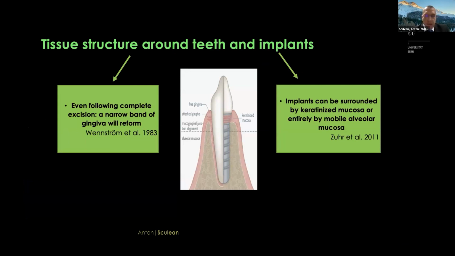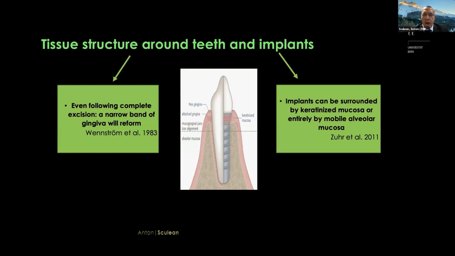When we discuss around teeth and around the implants, it is very important to look at the differences in terms of anatomy, because this is a very, very important difference between an implant and the tooth. When we discuss the tooth, we have the periodontal ligament. And the periodontal ligament is a unique tissue.